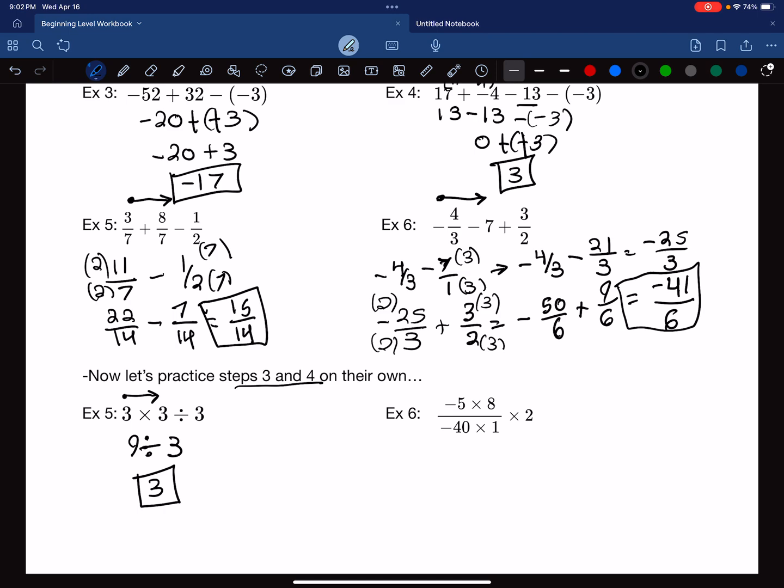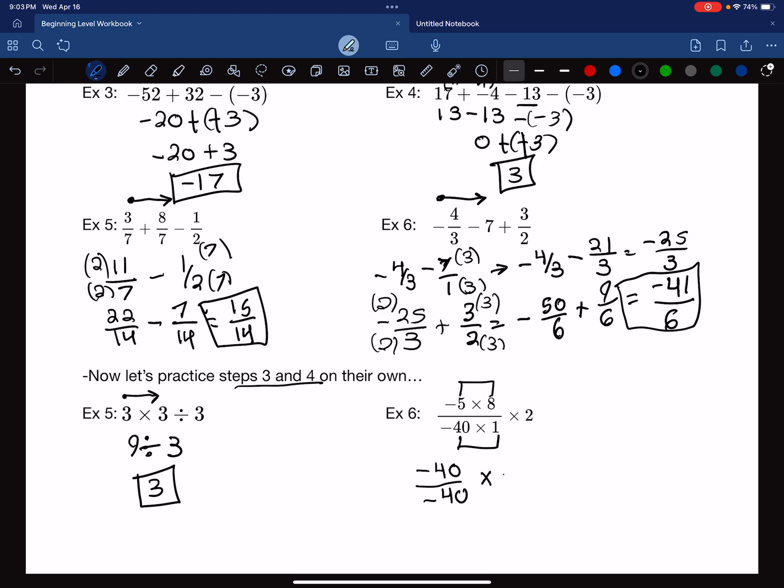Whenever you have more than one operation, like in a numerator and in a denominator, you always want to simplify the numerators and the denominators first. That should be your first step when you have multiple operations. So we're going to want to do -5 times 8 and -40 times 1. -5 times 8 is -40, and then -40 times 1 is -40.